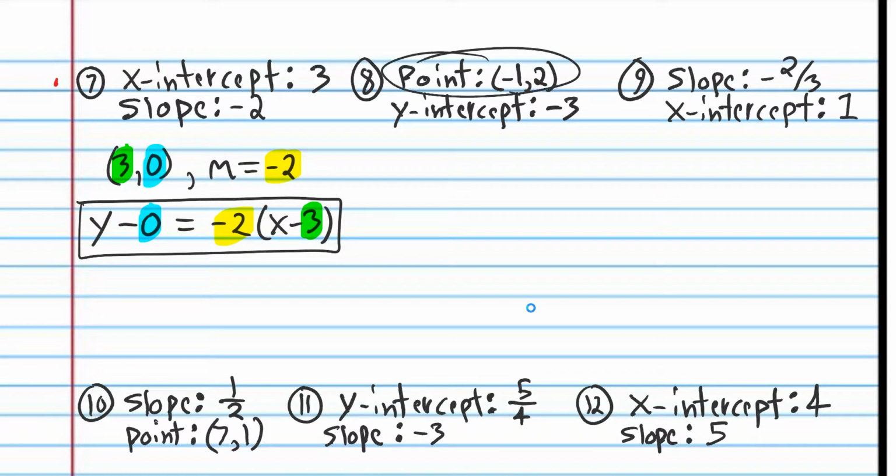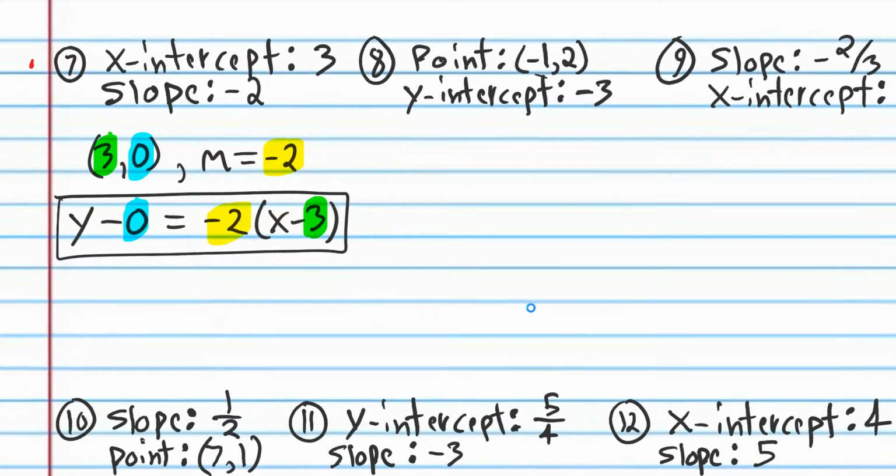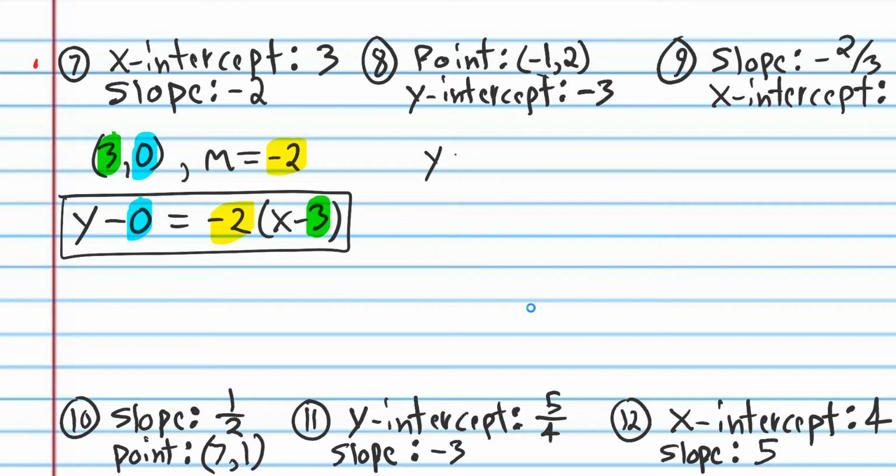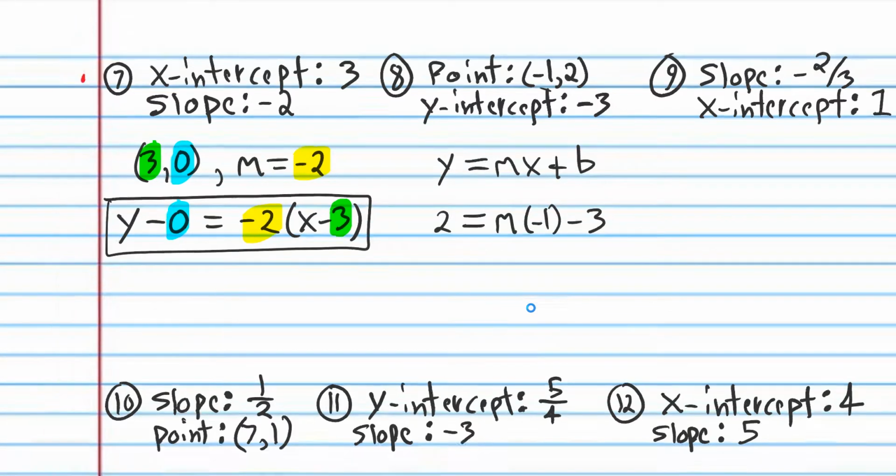we're given a point, just a random point, and the y-intercept. So I'm going to use y equals mx plus b. And I'm going to use 2 for the y value, and we don't know the slope, -1 for the x value, and we know the y-intercept is 3. So I just plugged in all that information.